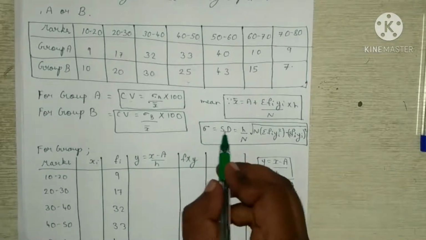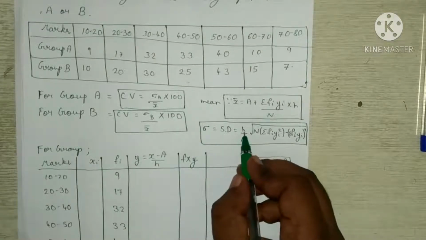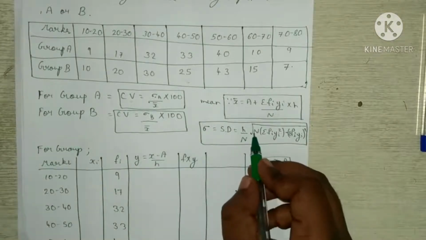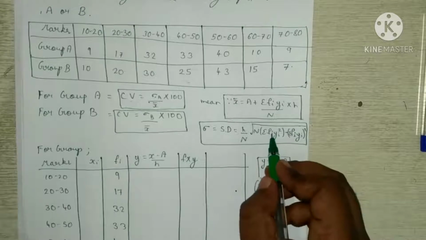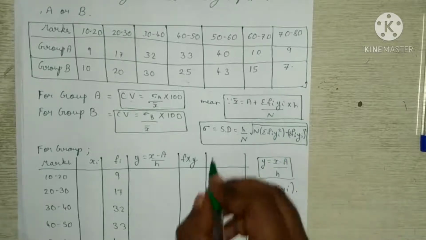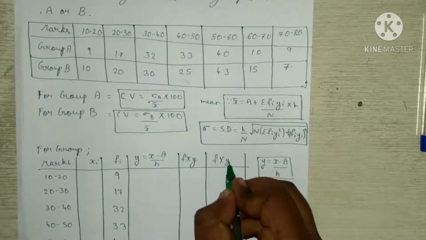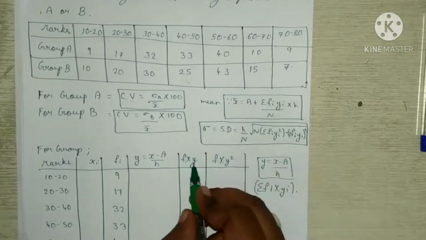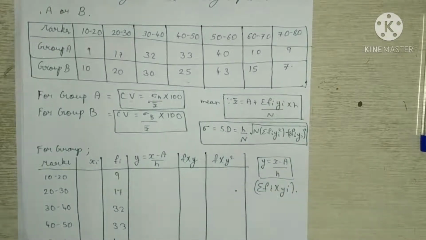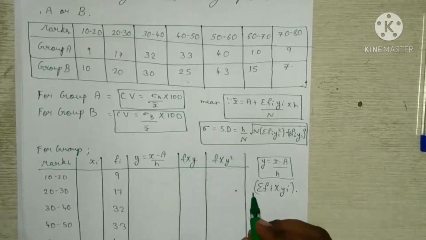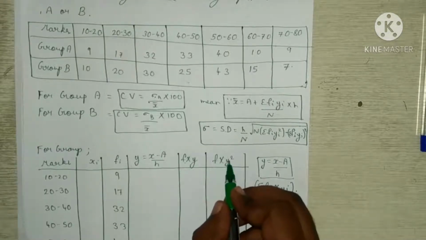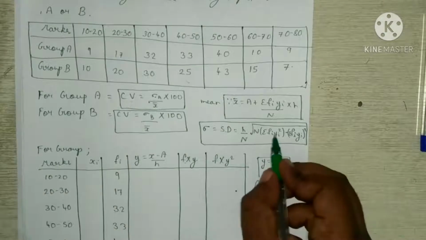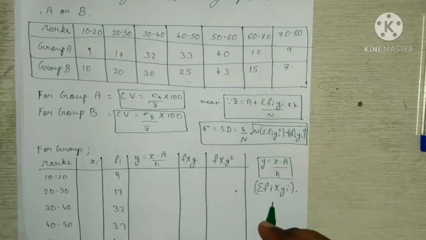Then to find the standard deviation, sigma is equal to h by n, root over n into summation f into y square, minus summation f y the whole square. We find the summation of f y and the summation of f into y square. Now we can find the standard deviation.